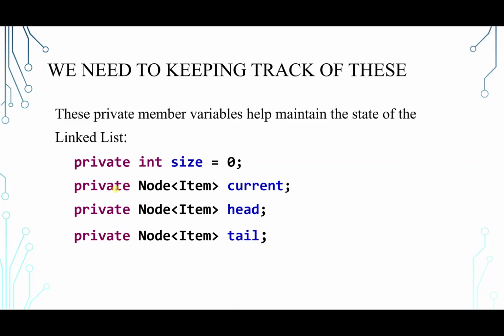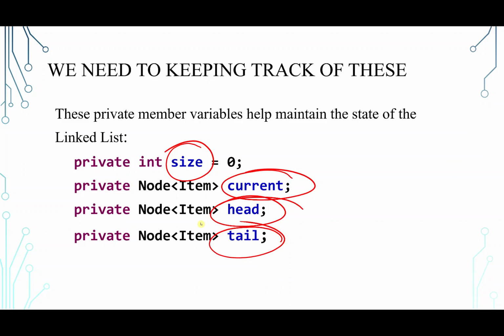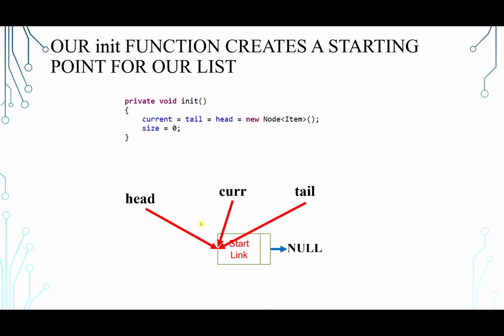Now, we need to keep track of these things: the size, the current, the head, and the tail. The head is going to point at the very first node. The tail is going to point at the very last node. The current is where we are actually sitting if we're moving between the nodes. And the size is how many nodes we have in our linked list.